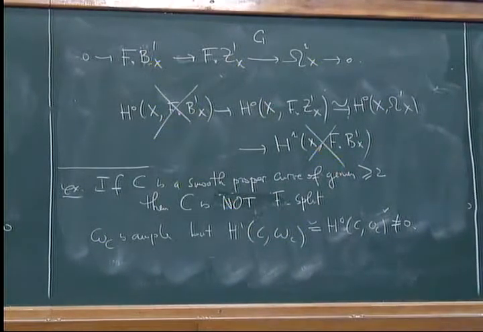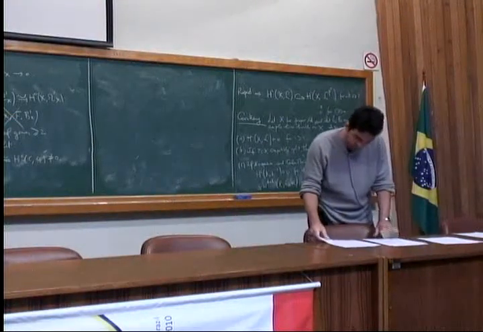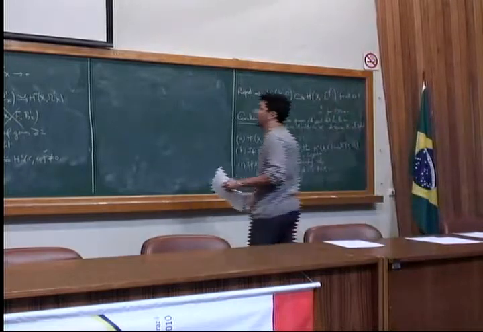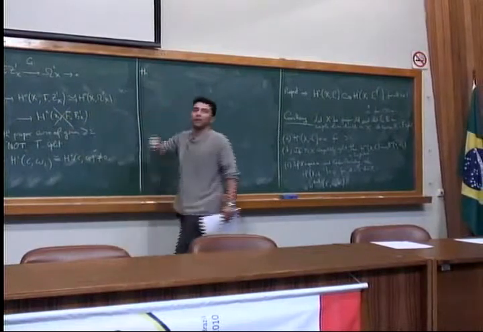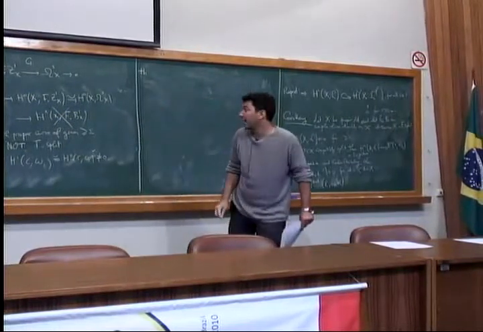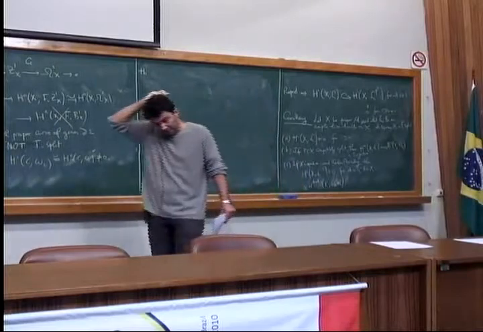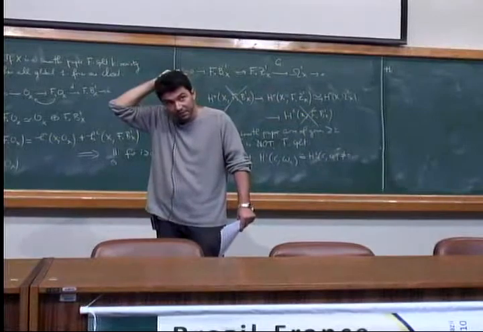So in fact, most projective varieties are not split, but sometimes it happens. Sometimes yes, sometimes no. For elliptic curves, being F-split is exactly equivalent to being ordinary.